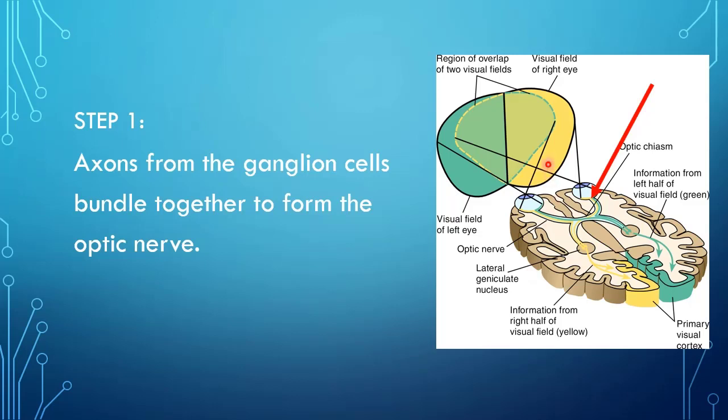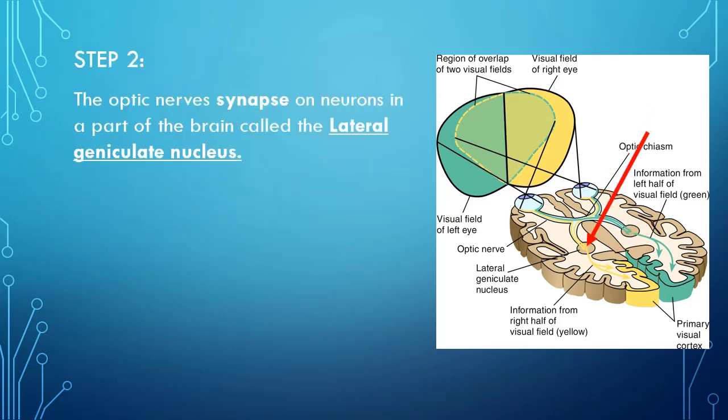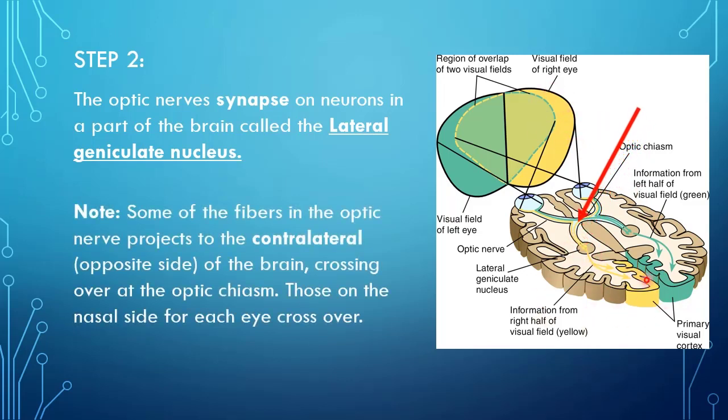Information from the left visual field will go to the right lateral geniculate nucleus, and this information is then going to pass back to the right primary visual cortex, also called the striate cortex. And information from the right visual field will go to the left lateral geniculate nucleus, and it will pass to the left primary visual cortex.